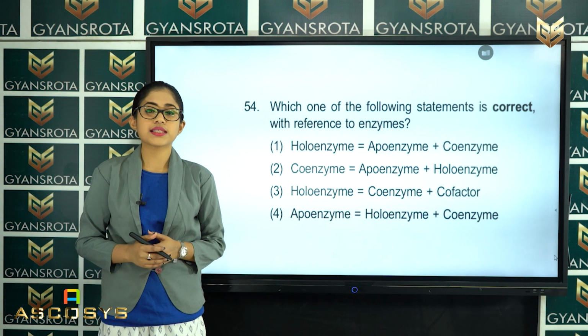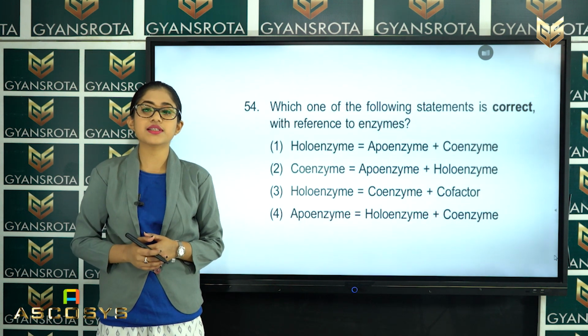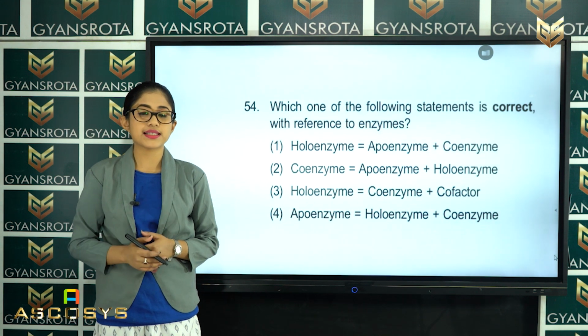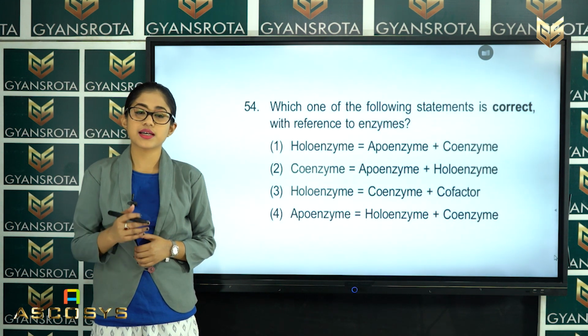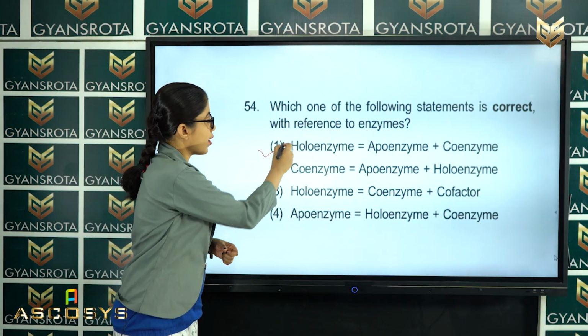So this is from the chapter biomolecules. So in the last topic we have discussed about the enzyme. So which among them is the correct statement? That is the option number 1.